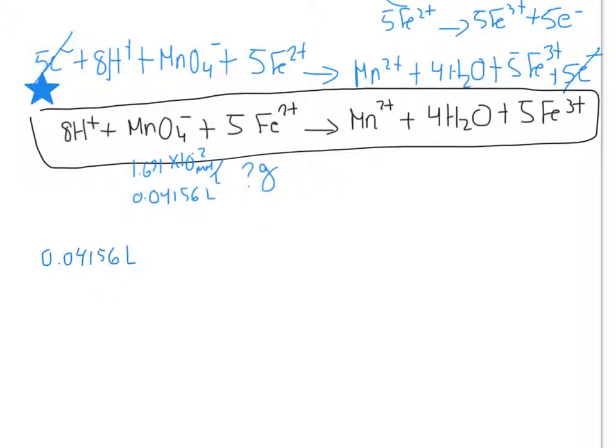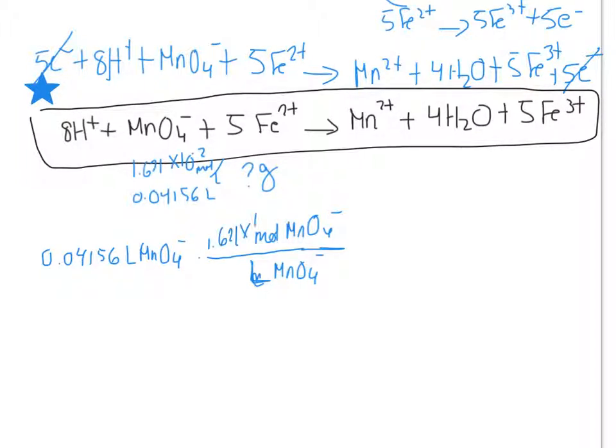So that's my volume of the MnO4 minus. On the bottom, I'm going to put liters of MnO4 minus, so it cancels. On top, moles of MnO4 minus. To link between moles and liters of a solution, you use its molarity. Its molarity is this many moles for every 1 liter. So that's what I'll write here.